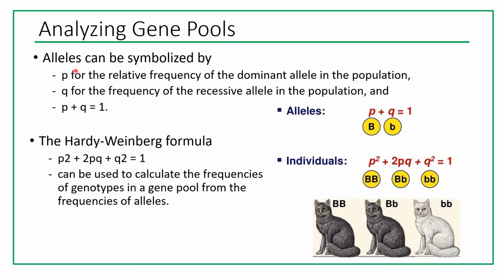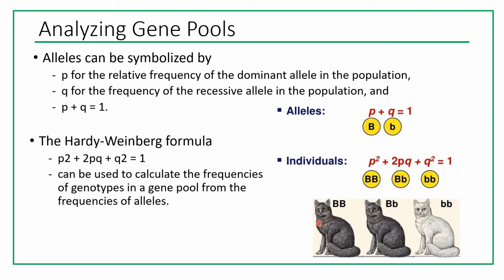We already mentioned that alleles can be symbolized P for the frequency of the dominant allele, Q for the frequency of the recessive allele, and P plus Q always equals 1. And the Hardy-Weinberg formula allows us to calculate the frequencies of the alleles and frequencies of genotypes, right, based on a phenotype that we can actually see.